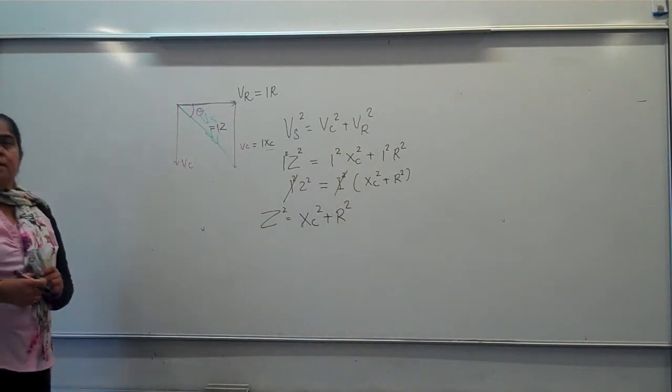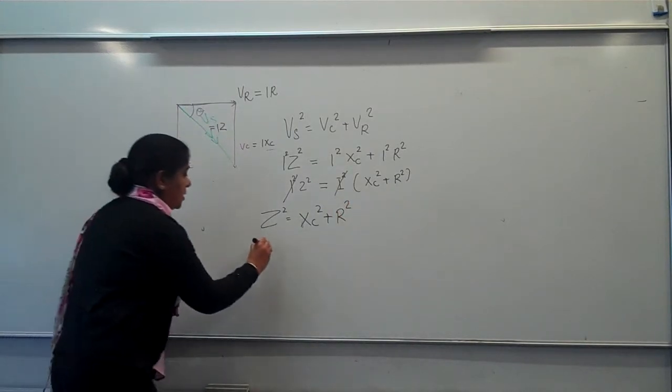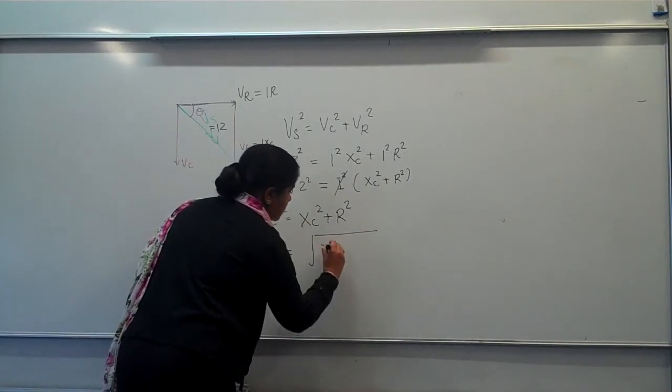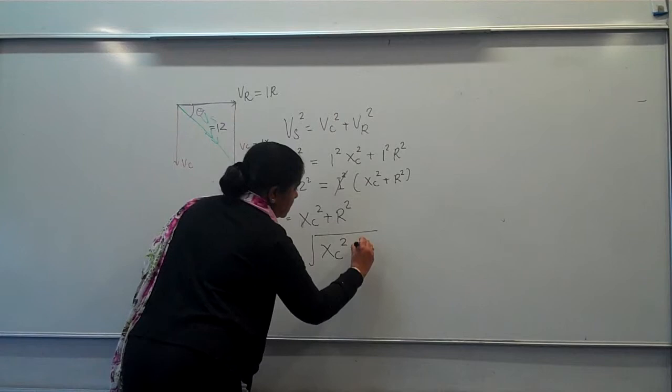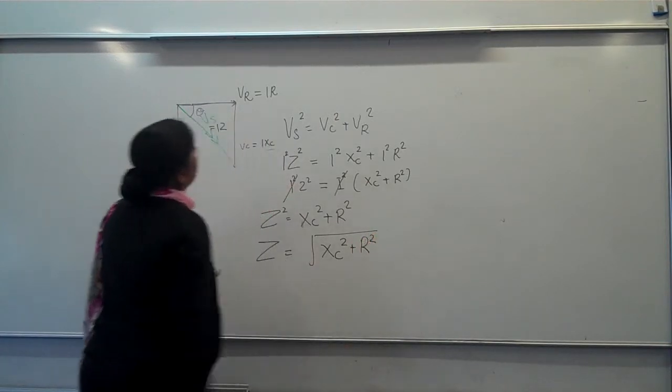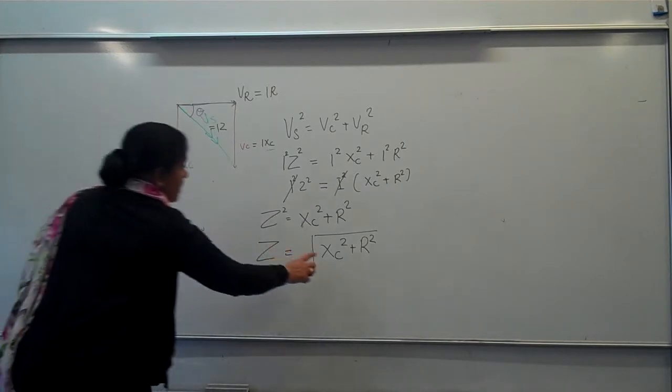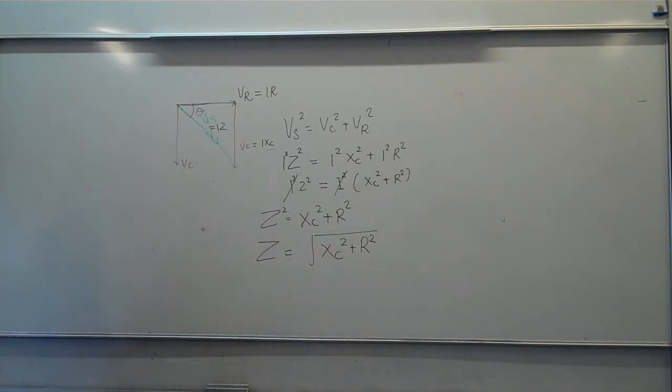Then I can get rid of the square and write it as Z equals the square root of XC squared plus R squared. And remember, going back to our initial explanation, impedance is the combined effect of resistance and reactance in the circuit, and this is how they add up together.